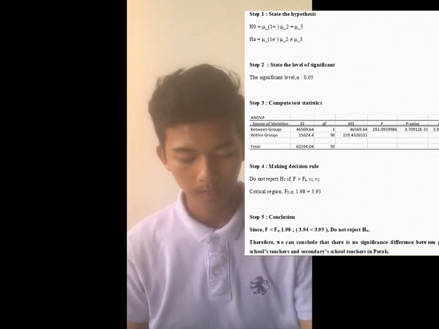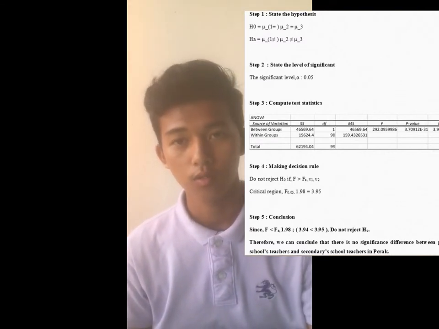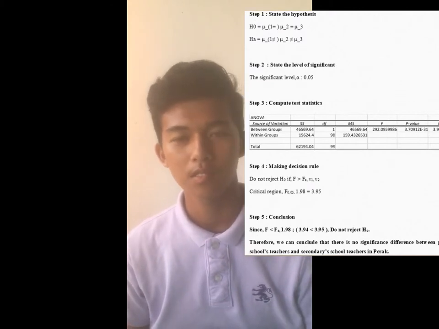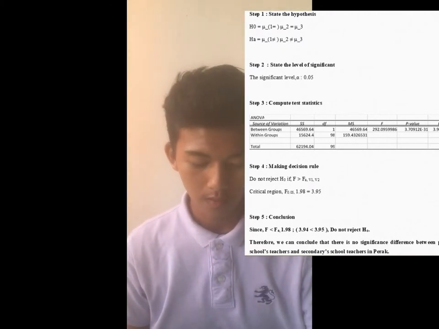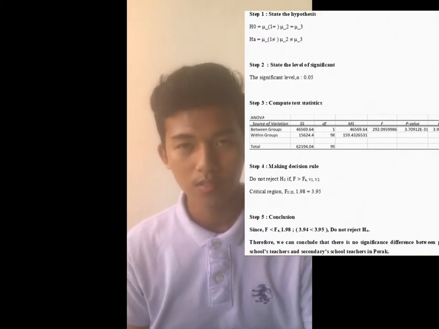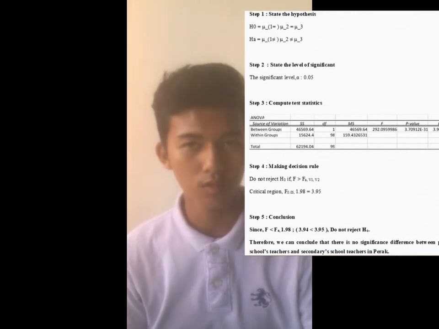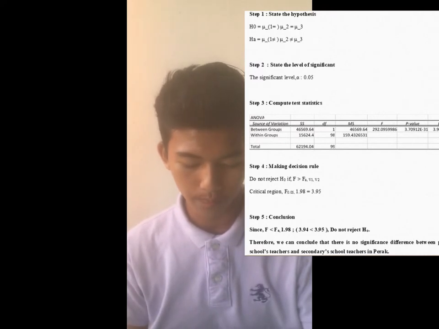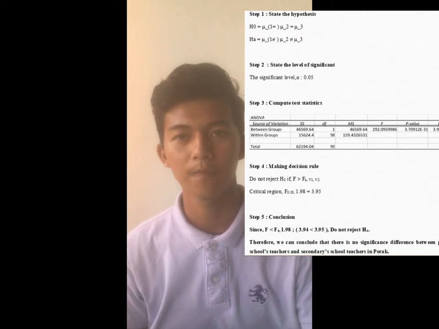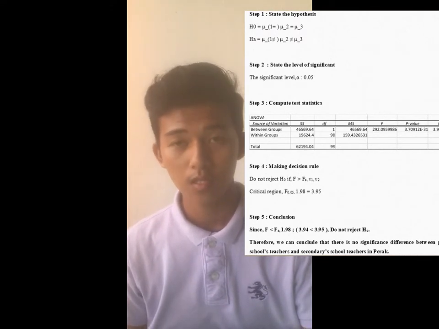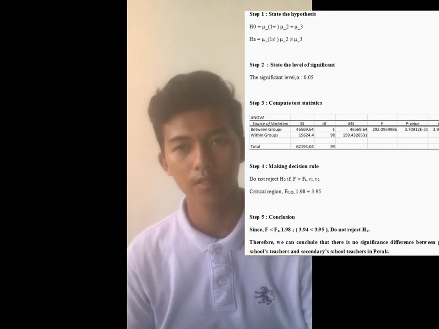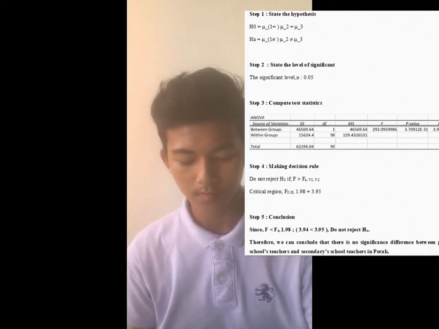From the table we have primary school and secondary school. The sum for primary school is 1164 and for secondary school is 3322. The average for primary school is 23.28 and for secondary school is 66.44.